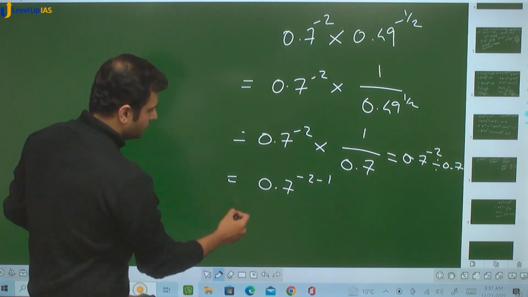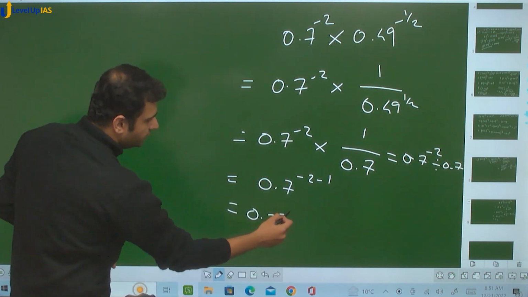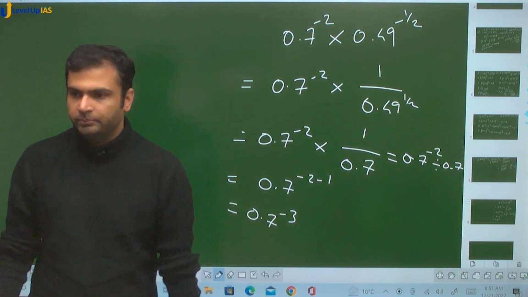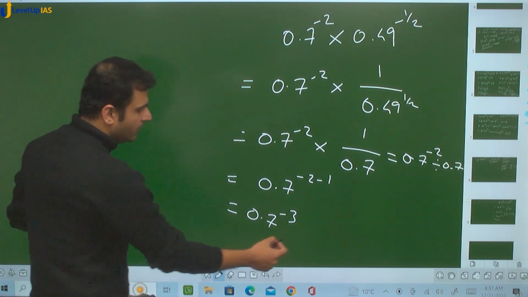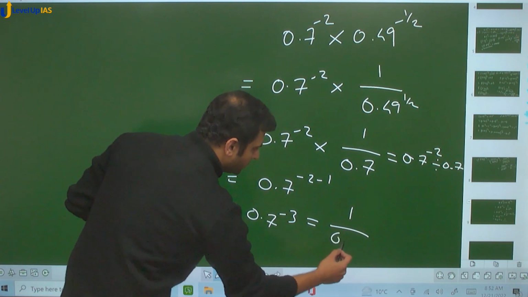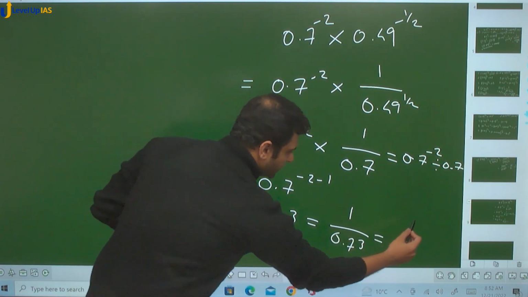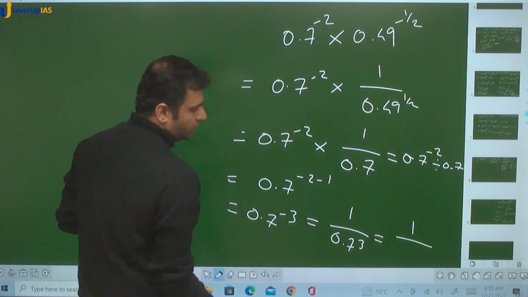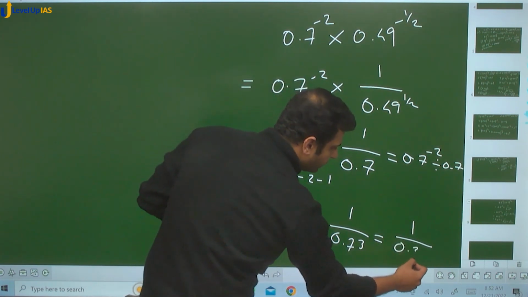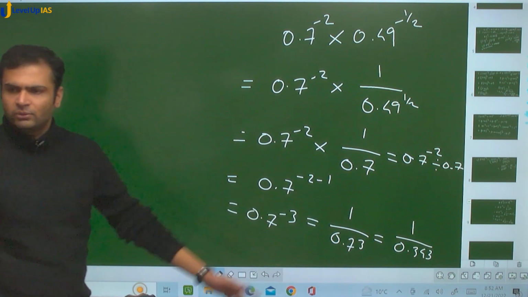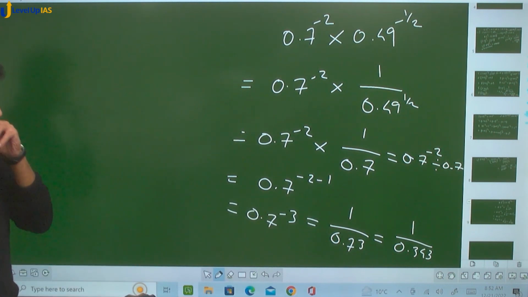So this is 0.7 raised to minus 3. Or you can actually write this as 1 by 0.7 cube. क्या होगा 0.7 का cube? 0.343. That would be the answer.